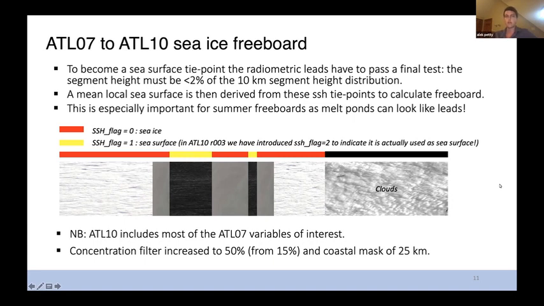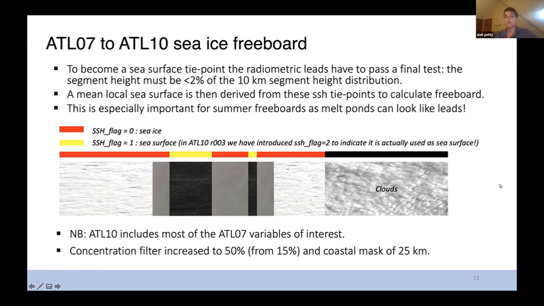Those segments have to pass a final test, and that test is this height percentile threshold. This is essentially to make sure that there aren't misidentified ice segments going into our sea surface determination. So all this test does is basically look at the height and make sure it's in the lowest 2 percentile of a local 10-kilometer height distribution.